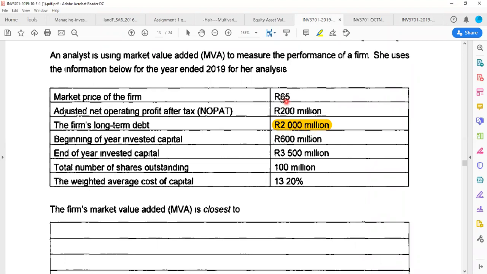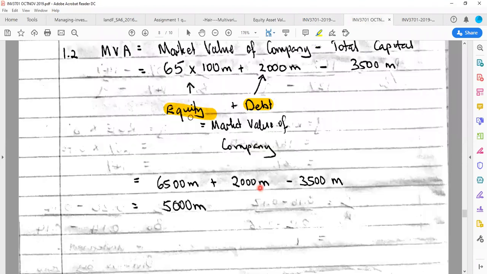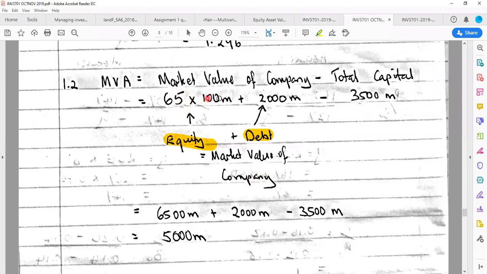And then for the equity, we take the market price per share multiplied by the number of ordinary shares to get the total equity, not divided by, sorry, that's a correction. That gives us the total equity, which is 6.5.